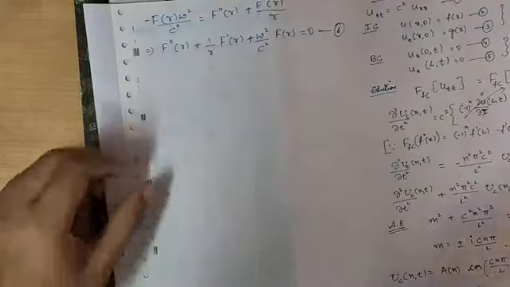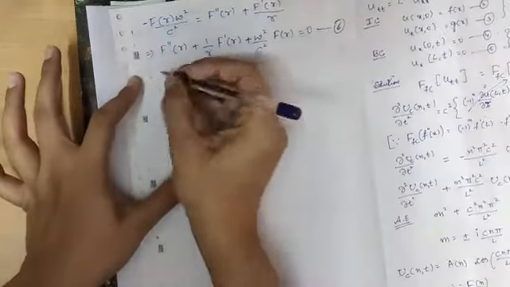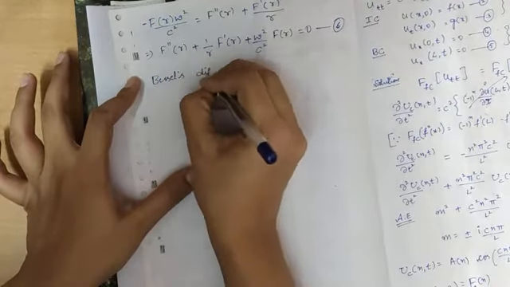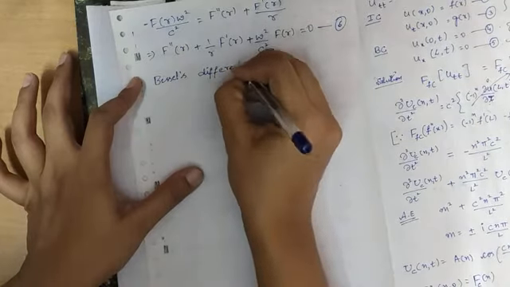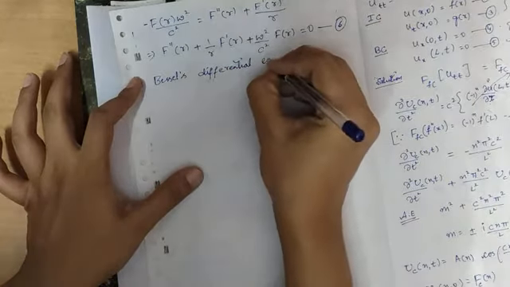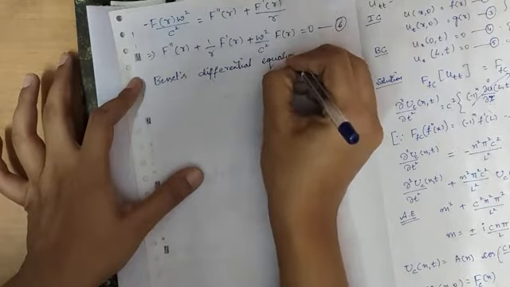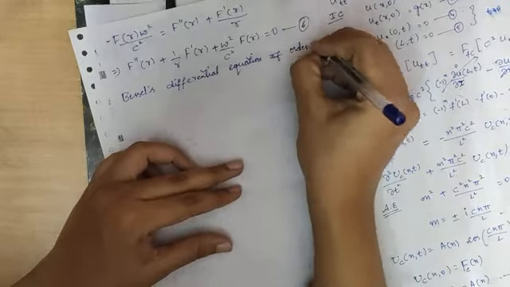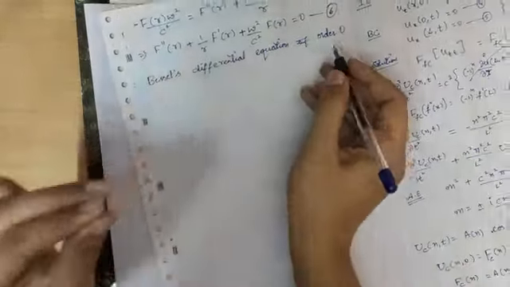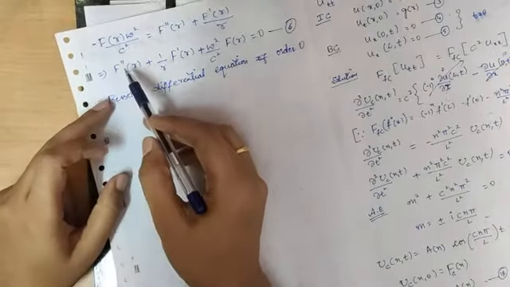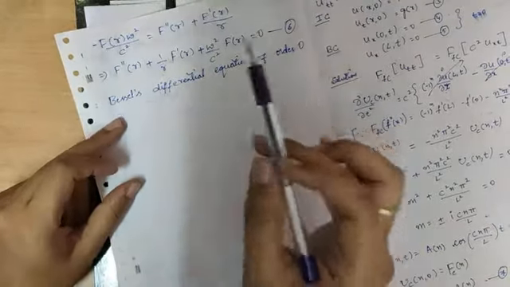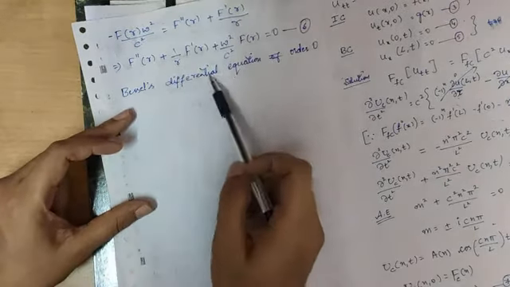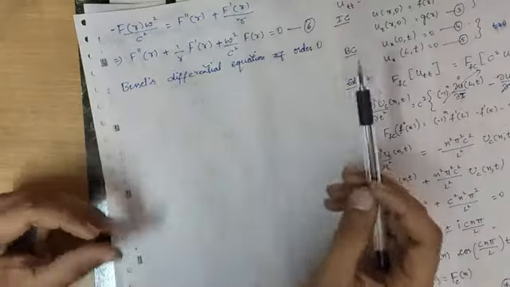This equation is actually called Bessel's differential equation of order 0. I repeat, your equation 6 is a standard equation, called Bessel's differential equation of order 0.